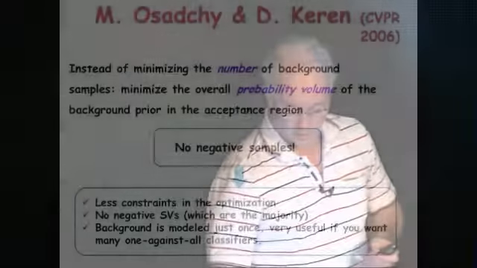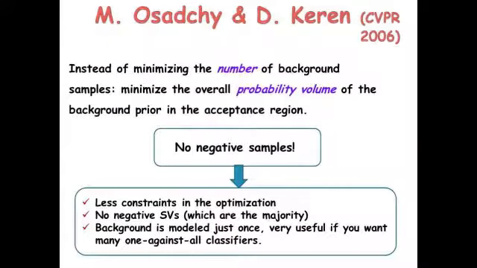So what's the advantage? No negative samples, far fewer constraints in the optimization, no negative support vectors, which make life really hard if you're doing kernel SVM. And the background can be modeled just once.